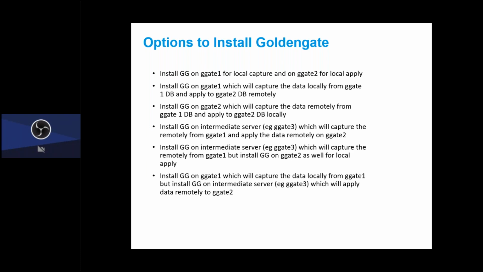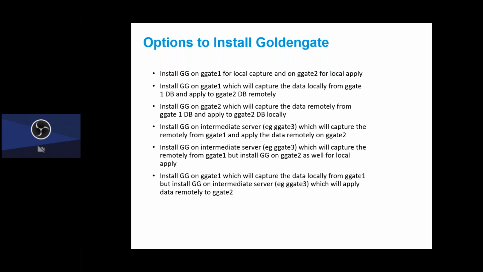So how many Goldengate installations are going to be there in the third option? One. Because it is only installed on G-Gate2, and that is serving the purpose of capturing the data from the G-Gate1 database, but it is remote. So it will be called remote capture, but local apply.